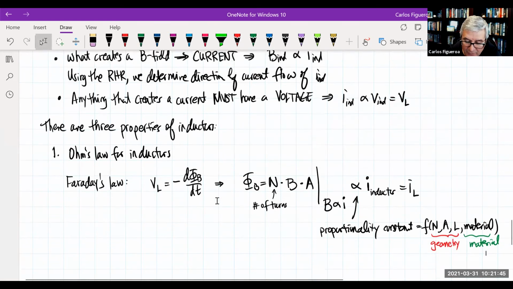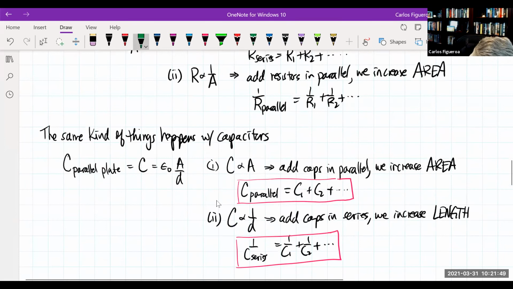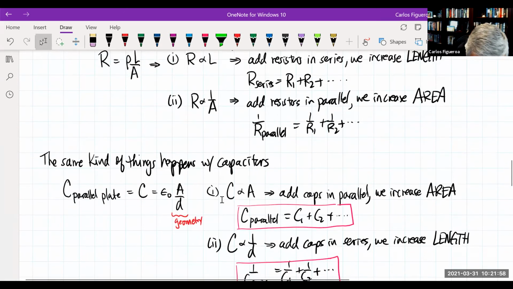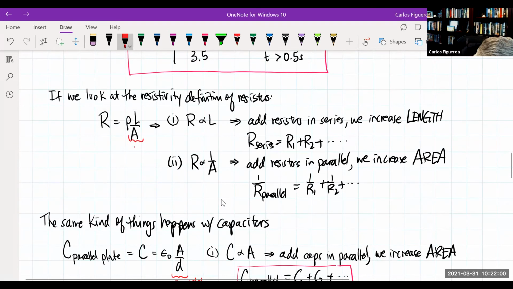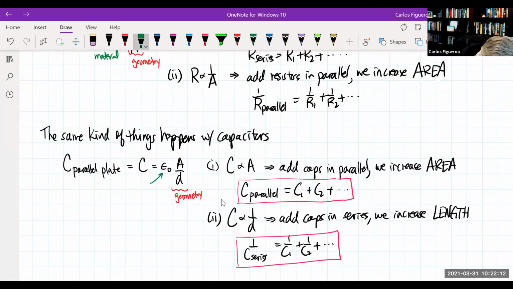Let's go back up here for a minute. Look at this. This is what? Geometry. This is about geometry. This, however, is about material. And this is about material.